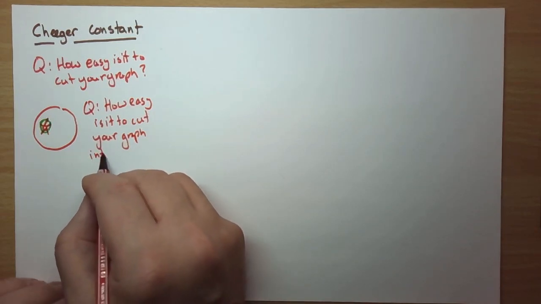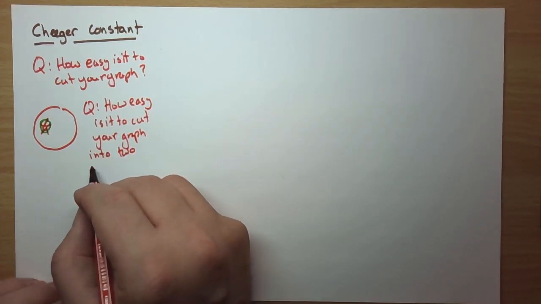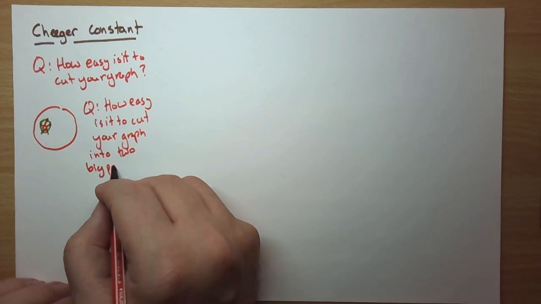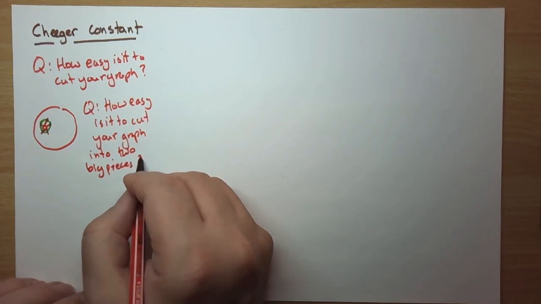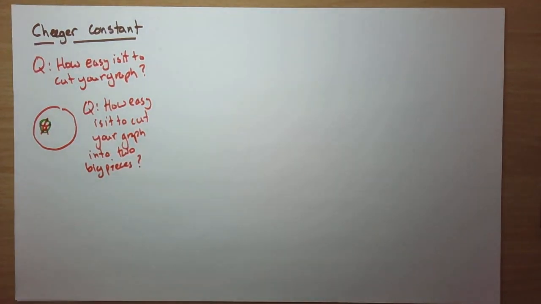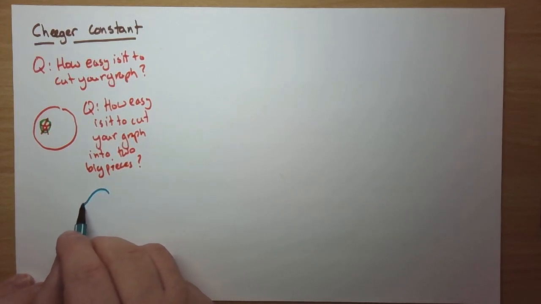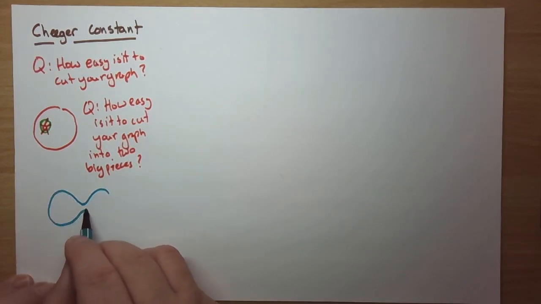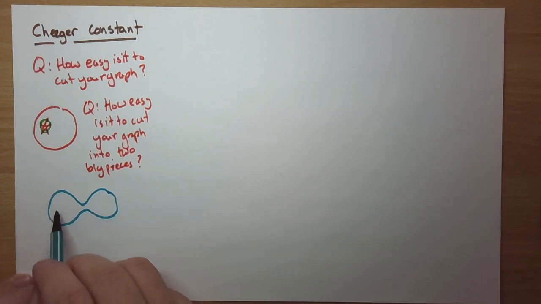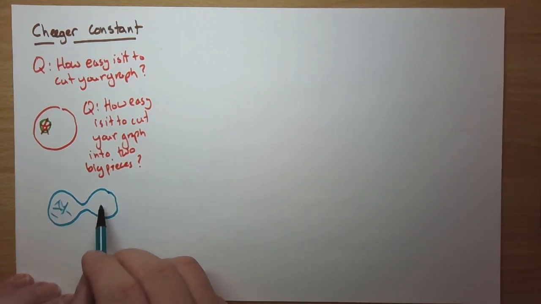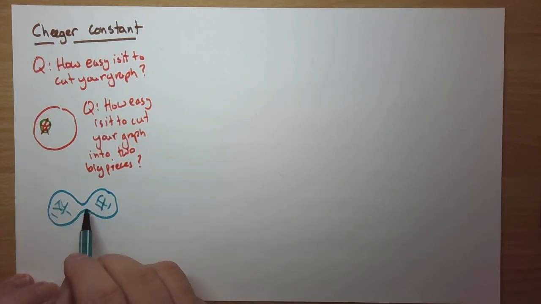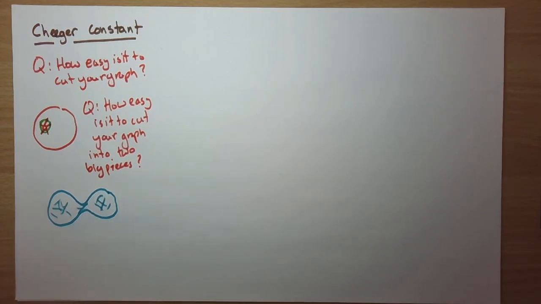In particular, what we're really after when we're asking about this question is we're trying to find what you might call a bottleneck. So pictorially, we have some great intuition where we say we have something that looks like this. So we have a lot of stuff over here, a lot of stuff over here, but very little in between.